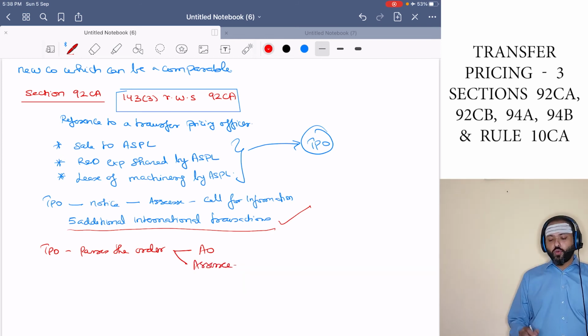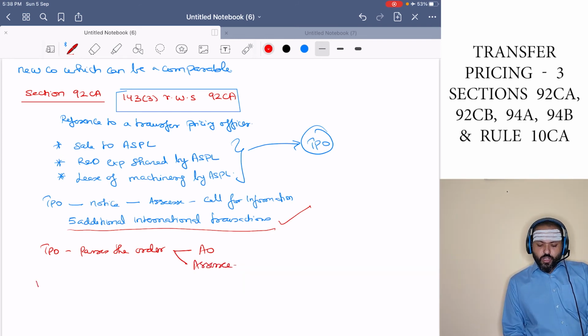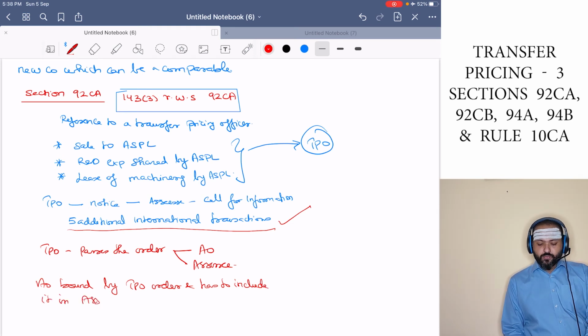The AO is bound by the TPO's order and has to include it in the assessment order.